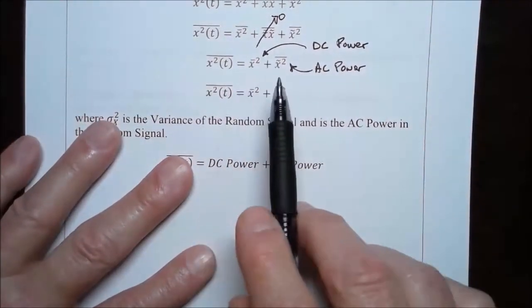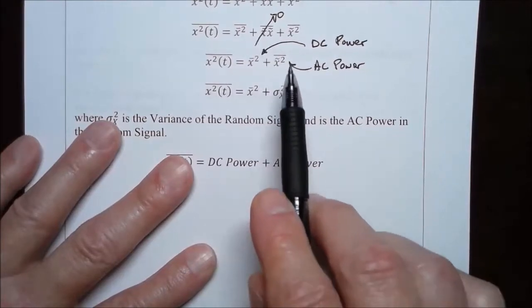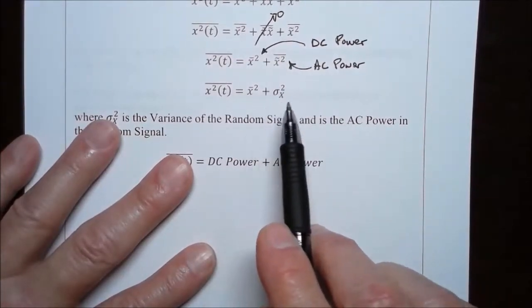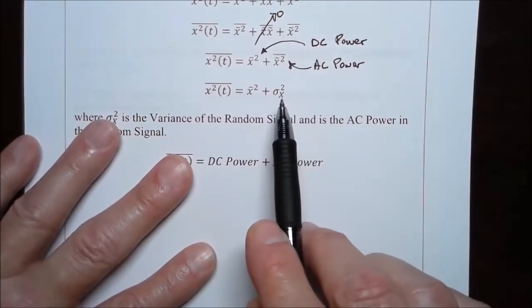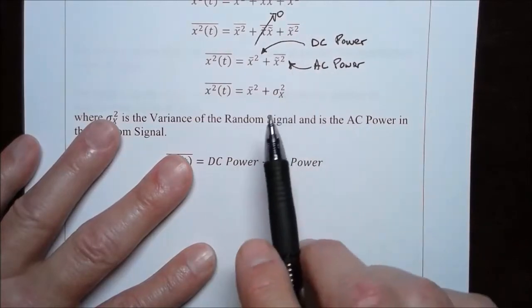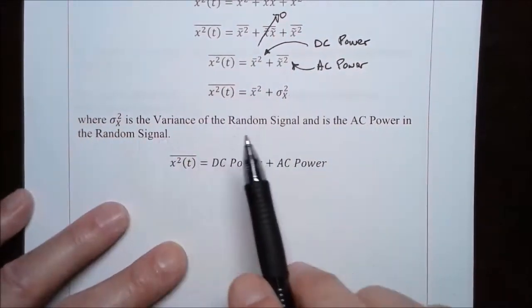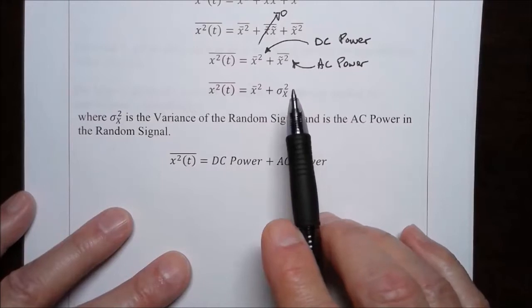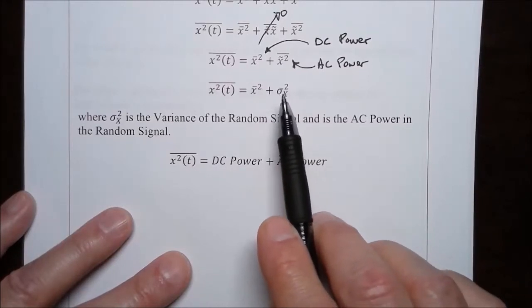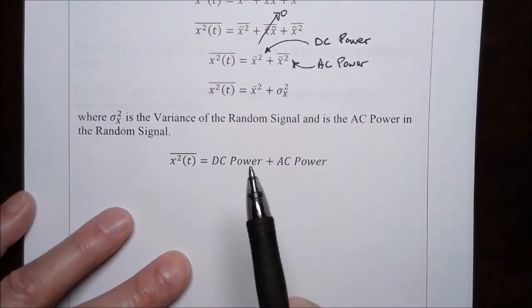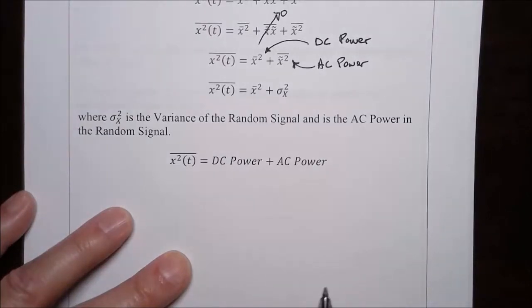And for random signals, another way to express the AC power is in the variance. You might remember variance from your statistics and probability class. That would be sigma x squared. That describes how widely varying a random signal is.